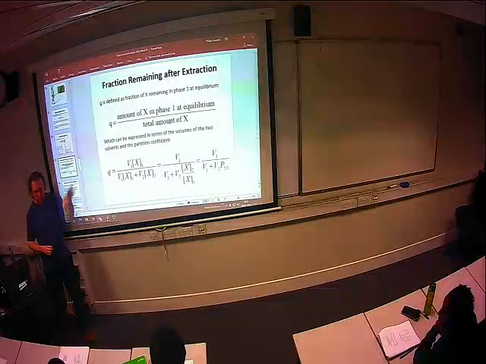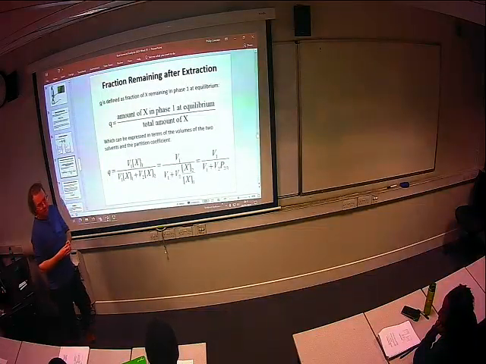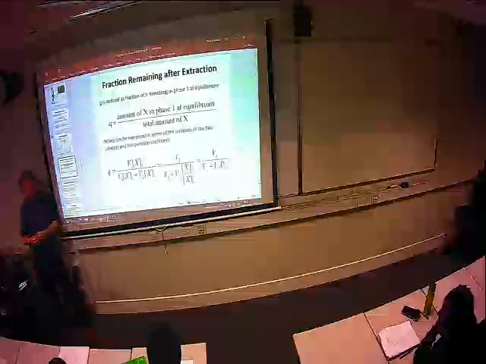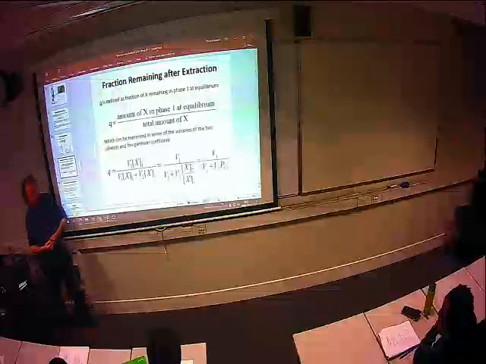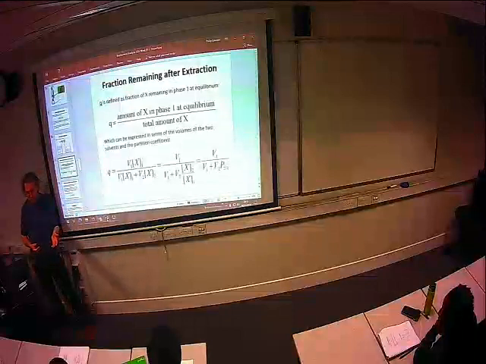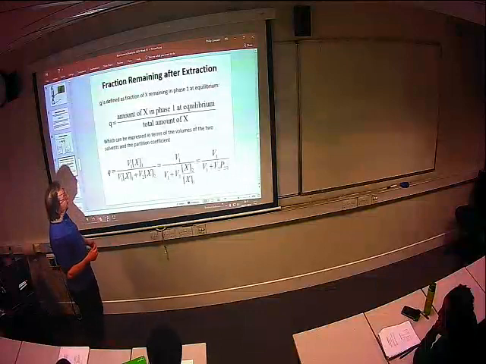While we're doing this process, trying to extract a molecule from one liquid into another, we're interested in how efficient this is and how much of the sample remains in the original liquid, and therefore how much of it has been transferred into the other liquid.